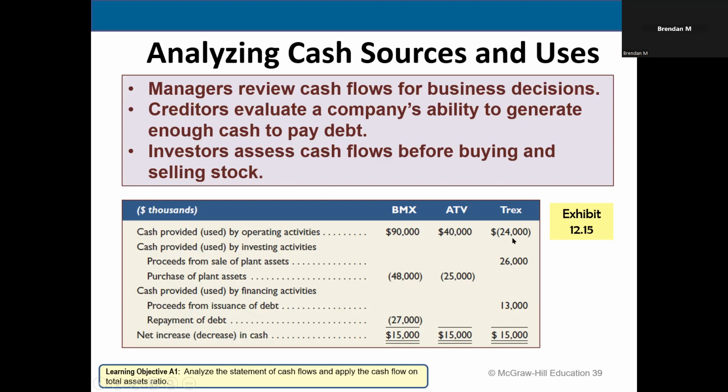They had negative cash flow that was offset by selling some plant assets, and they had some proceeds from issuing debt. Again, T-Rex is not in a good position. They're not generating cash from their operation. They're not in business to make money by selling assets or fooling around with debt. That's a bad sign for a possible investor. You'd be inclined to look at BMX more seriously.